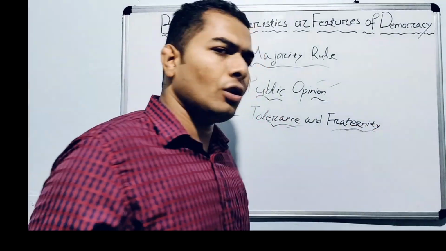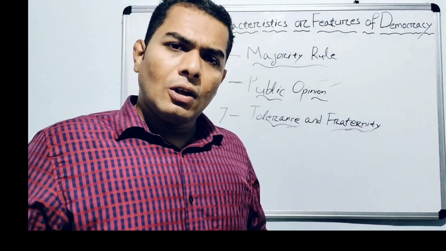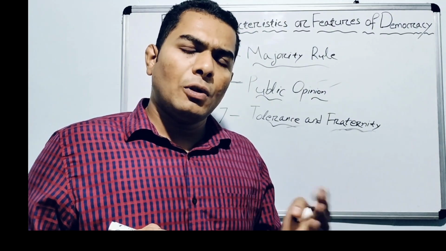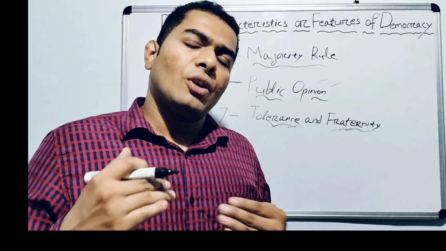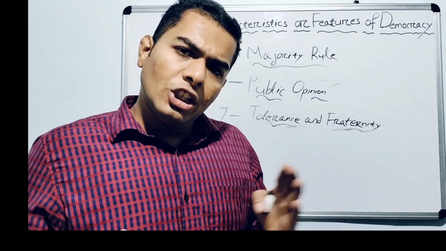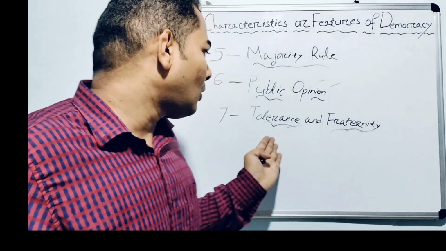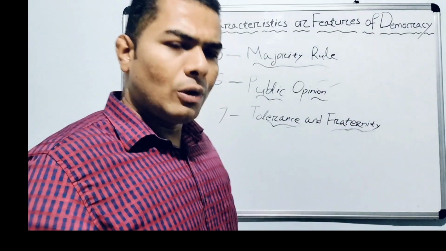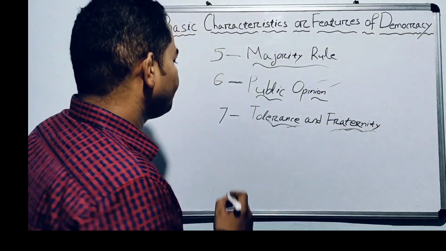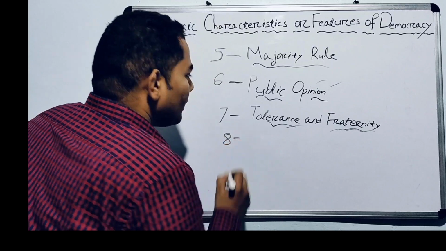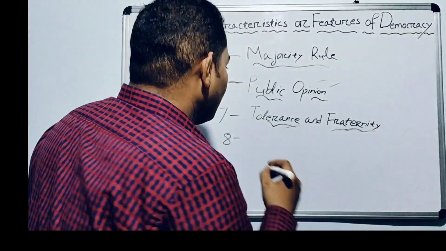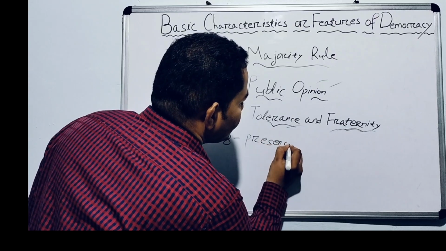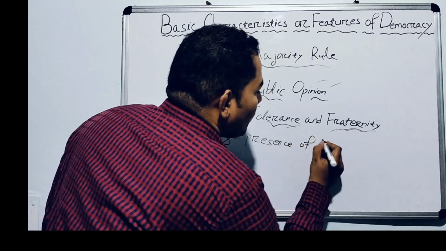Fraternity means brotherhood. People of India always think that we all belong to one family and that the other people of our country are our brothers and sisters. So this is all about tolerance and fraternity. Now we will discuss the next feature. The next feature is the presence of political parties.